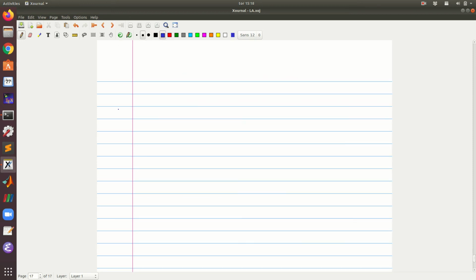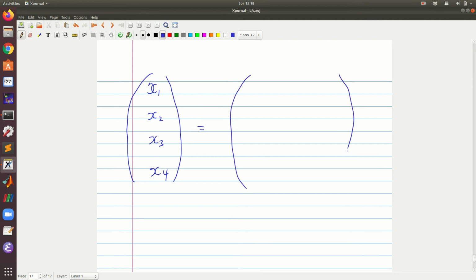So how do we write our solution? We are going to write our solution: x1, x2, x3, x4, which is going to be equal to, we said x1 is minus 2x2 minus x4, and then x2 is free, so it is x2, x4 is free, so it is x4, and then x3 was equal to -x4.